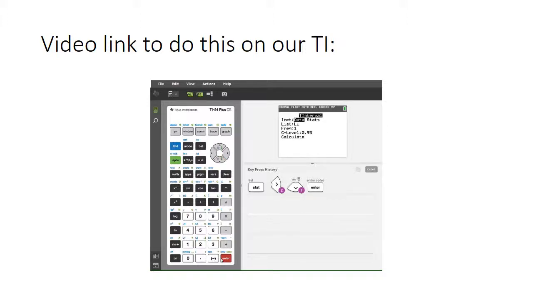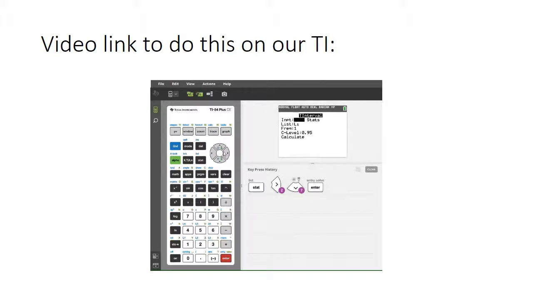And again, we do not have our data in lists. We were given a problem in which we were told a sample mean and a sample standard deviation. We're not calculating it. This data option is if we have all of the individual sample readings in our lists and we have the calculator calculate the sample mean, standard deviation, and the sample size.